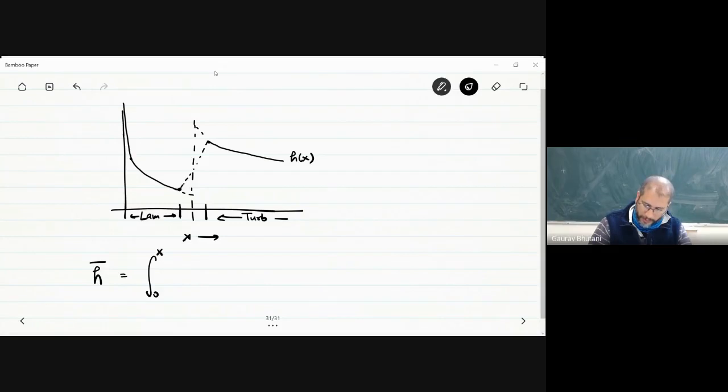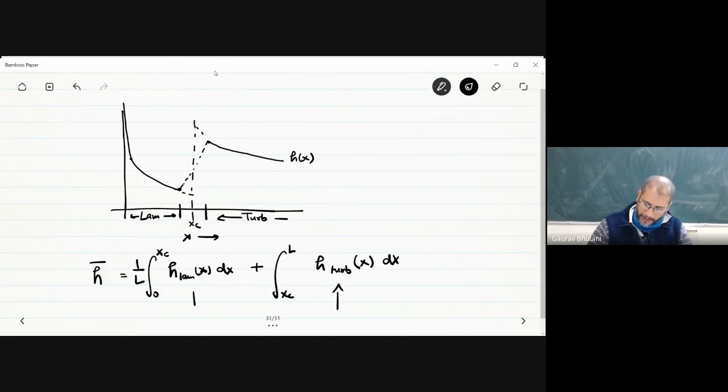So for some distance, which we call x critical, on the left of which the flow is laminar, for this region we use h laminar as a function of x. Then we have dx. Remember, this is 1 by L. And then you have from x critical to this length L, and in that region the flow is turbulent. Again, h is a function of x, and then you have dx.